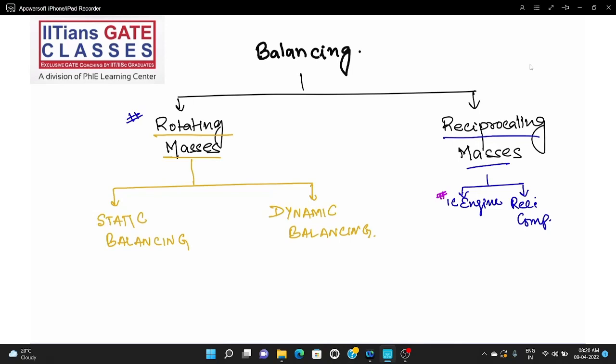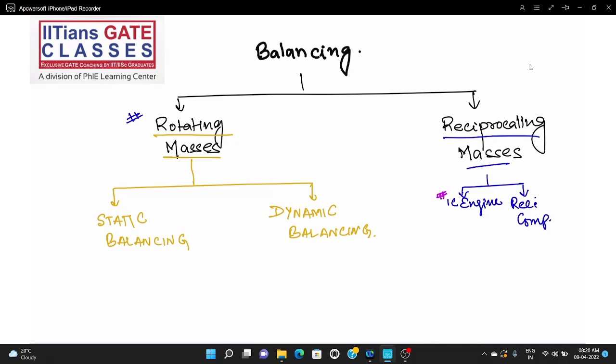In static balancing, we are just concerned about rotation of masses in one plane. In dynamic balancing, we are concerned about rotation of masses in more than one plane. In static balancing, we require only one formula: the sum of all the forces should be equal to 0.